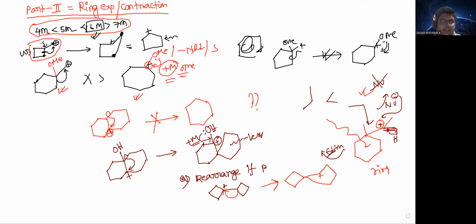Now, in this first question, the system we had, we are getting again the same system like this. Four-member ring, then after one carbon there is one positive charge. Same type of system we are getting, right? So now this can again undergo ring expansion.